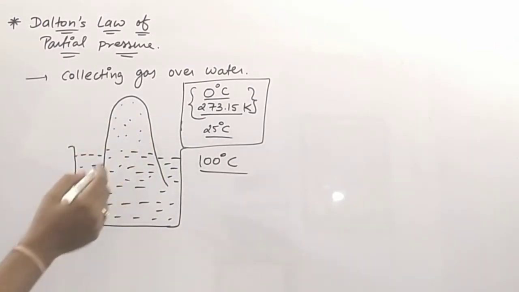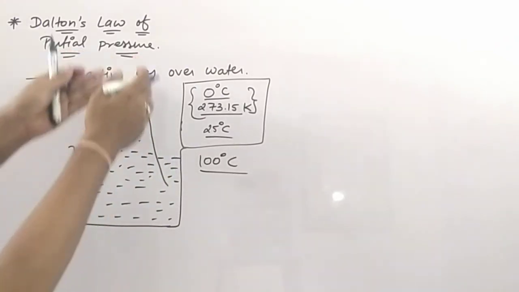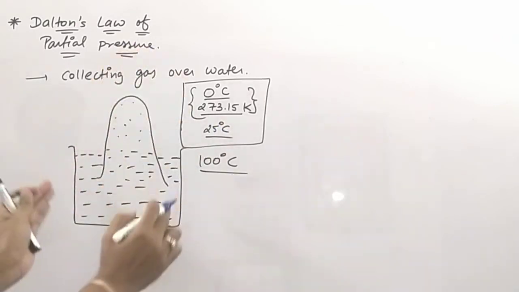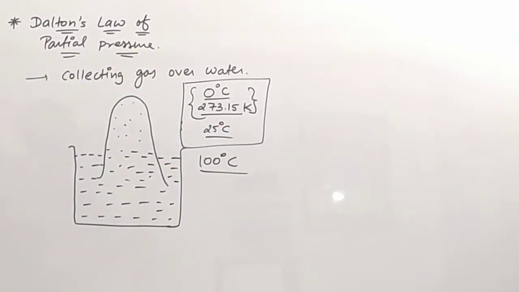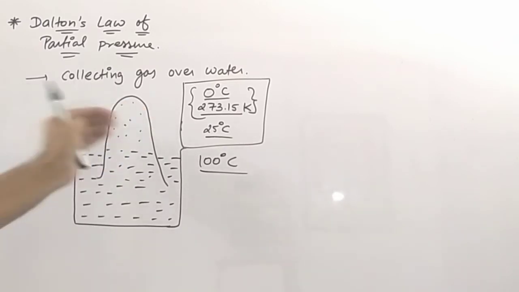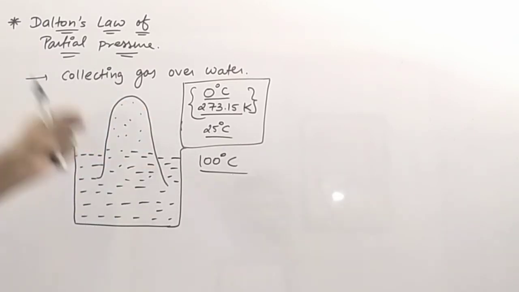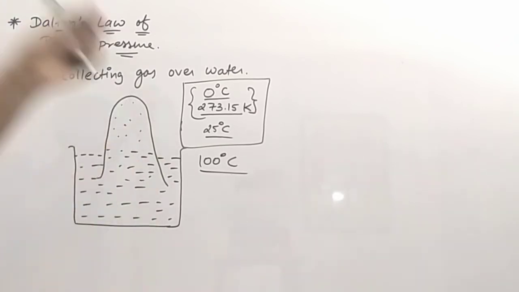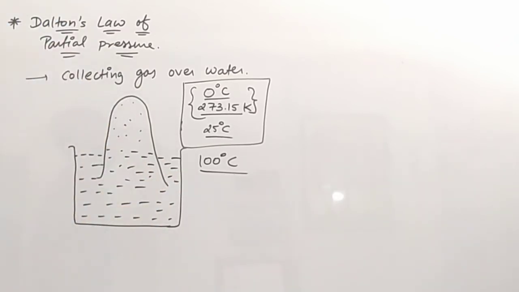They will apply some pressure on the wall of this inverted column. That pressure you can find out by connecting a barometer with this container.